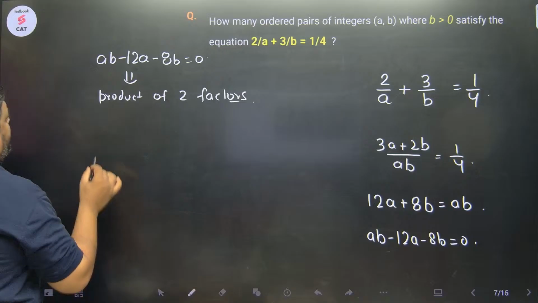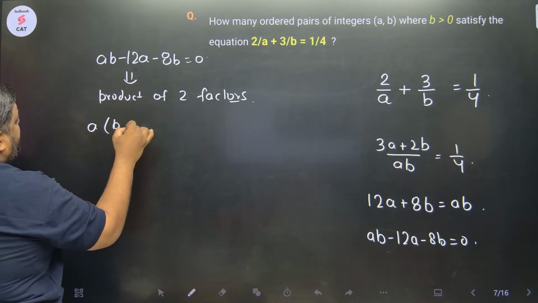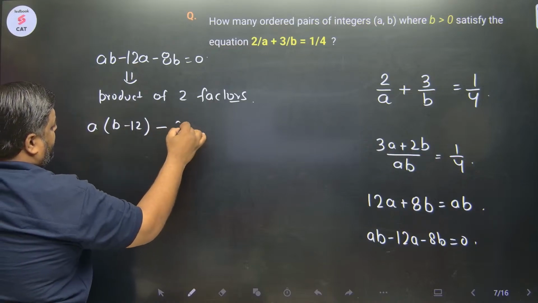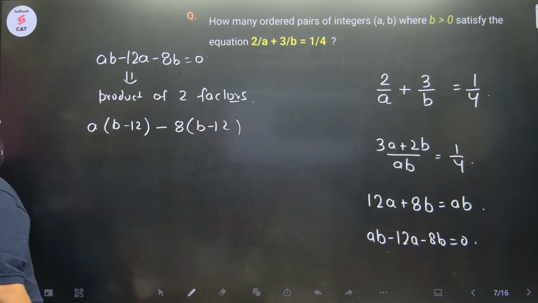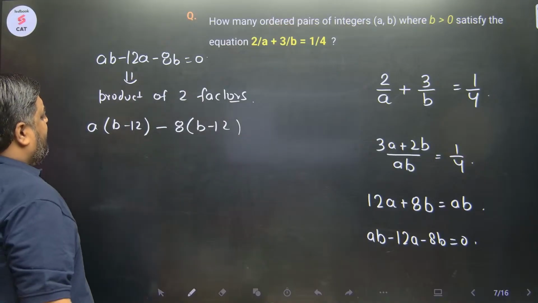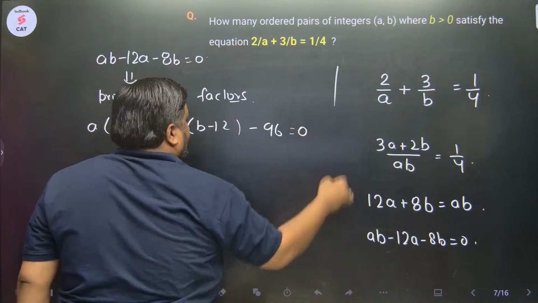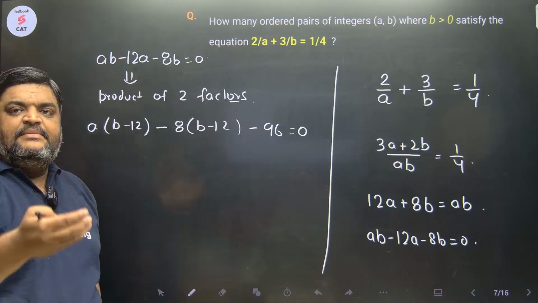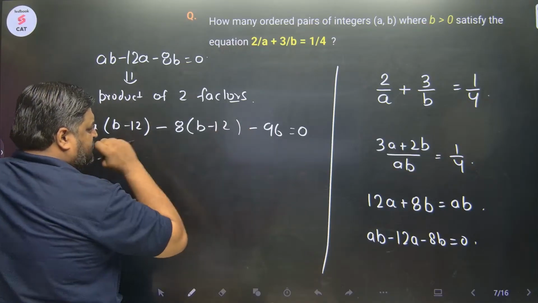Okay. So take a as common. So a would be (b - 12). Okay. So यहाँ भी I want (b - 12). 8 common लिया, I want (b - 12). Now for that, I'll have to add -96 over here. Do understand this. Assuming that you have been preparing for some time now, ये आपको समझ में आना चाहिए.